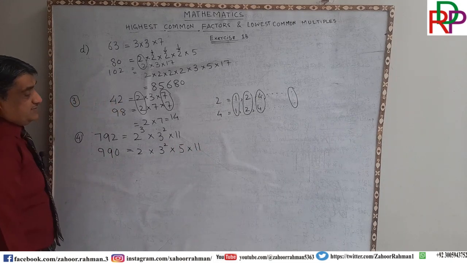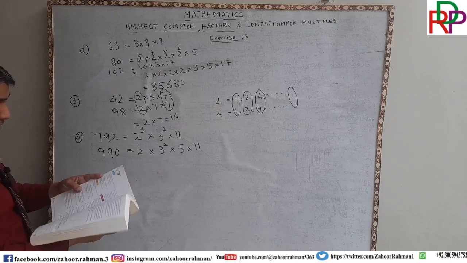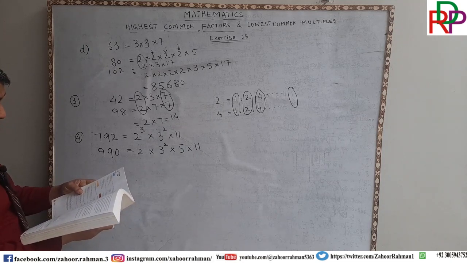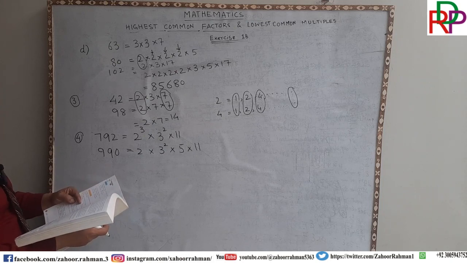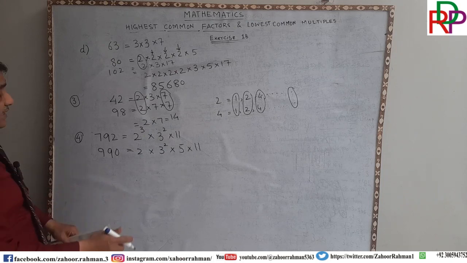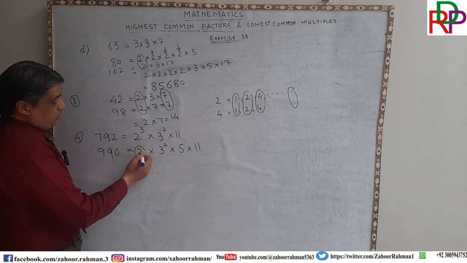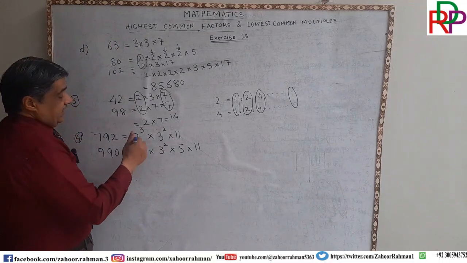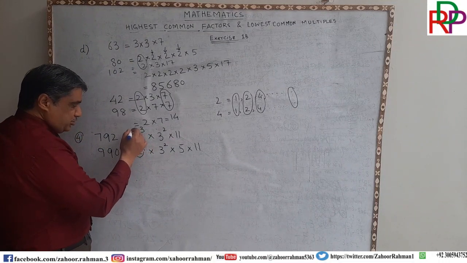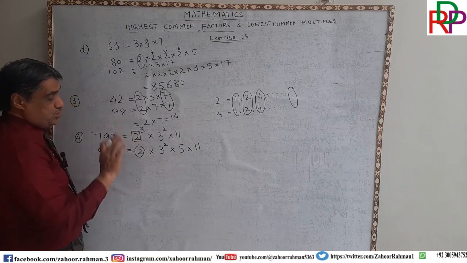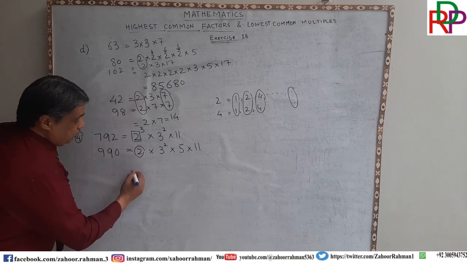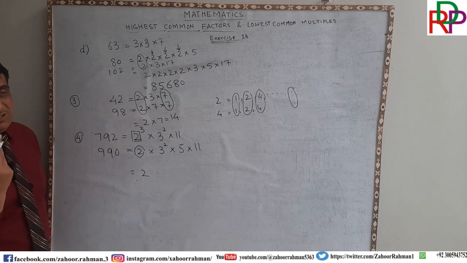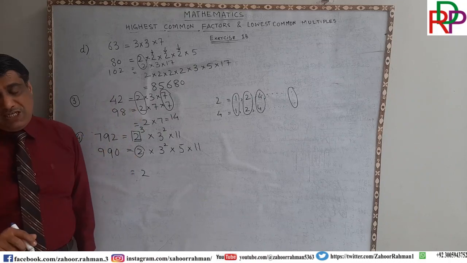Now, first of all, we have to see what the common factors are. There is one 2 here, and 2 is also in these three 2s, so only 2 is common. 2 raised to the power 3 means three 2s, but here only one 2 is there.